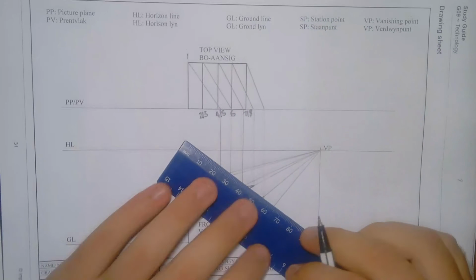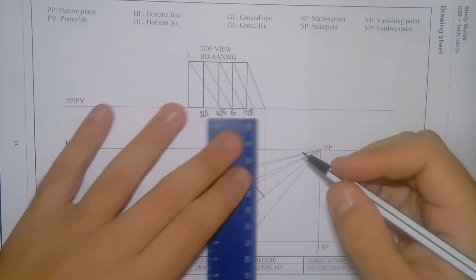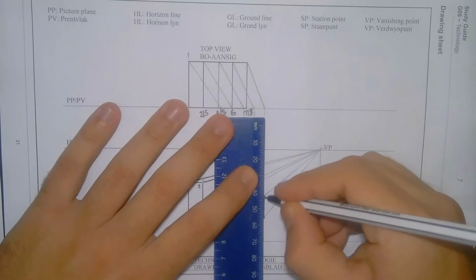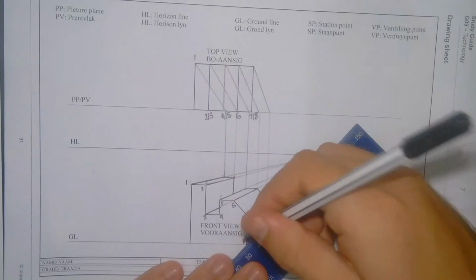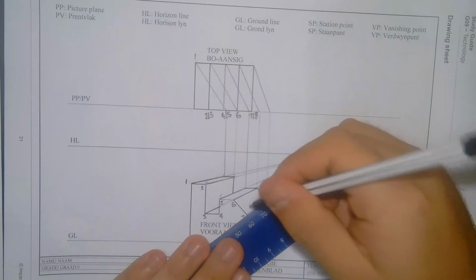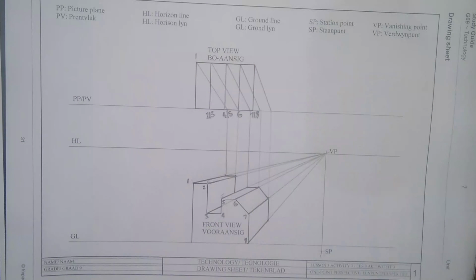That one. And then 6 to 7, 7 to 8. And that is how you do a perspective drawing.